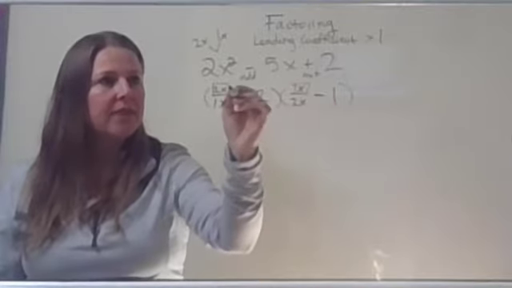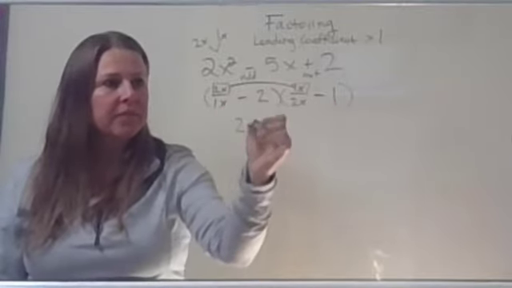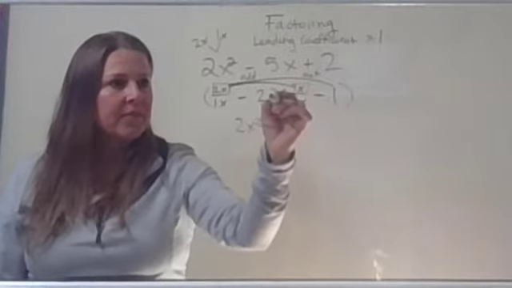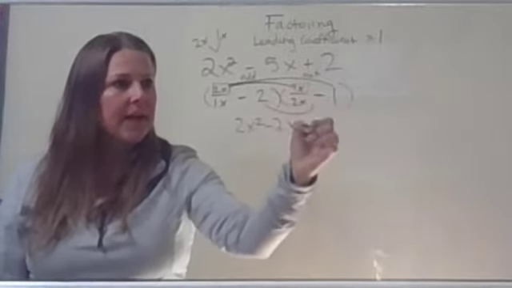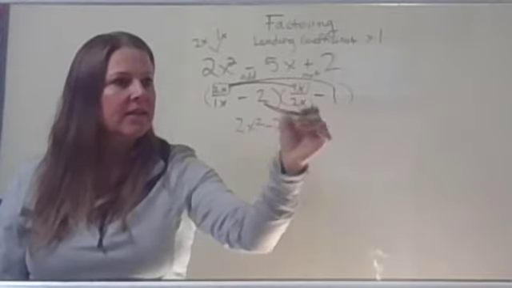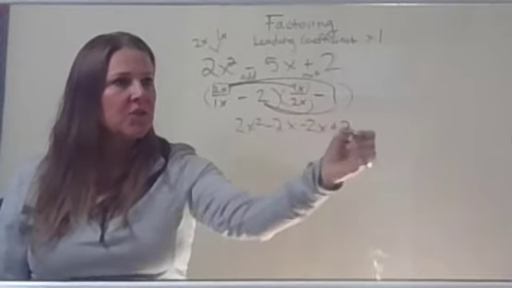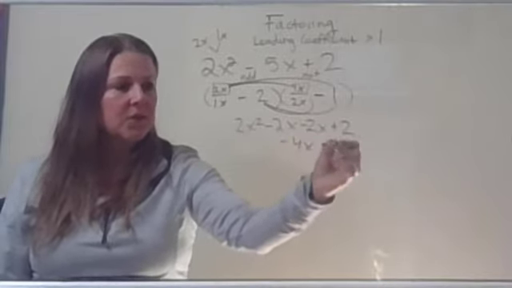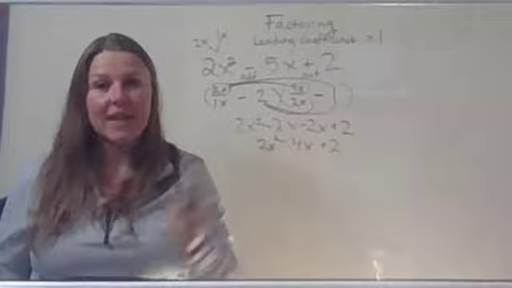So we're going to have 2x squared minus 2x, and then another minus 2x, and then plus 2. So that's 2x squared minus 4x plus 2. So that is not the right one.